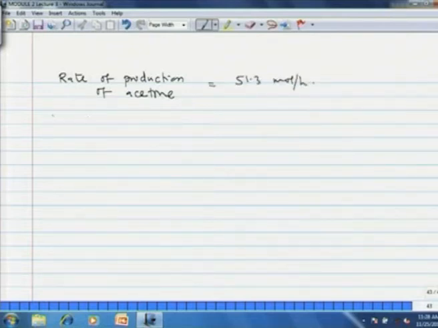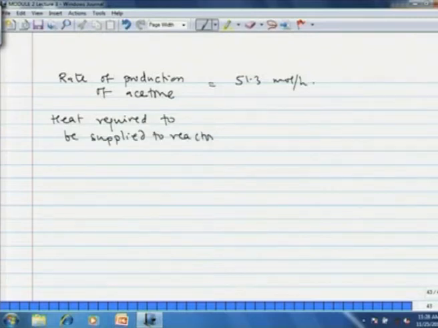The total heat required to be supplied to the reactor is 51.3 into 25,800, that is 1.324 into 10 to the power 6 BTU per hour. Okay.